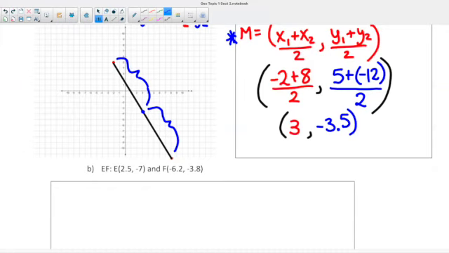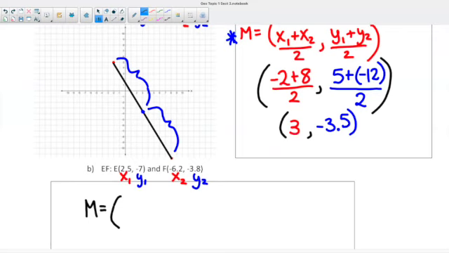So we will start with labeling these x1 and x2. The second point is y1 and y2. And then we'll plug those into the midpoint formula. So the midpoint is going to equal coordinate.